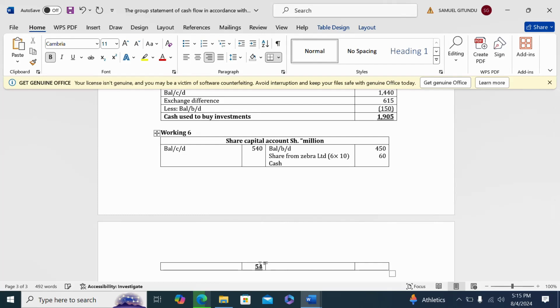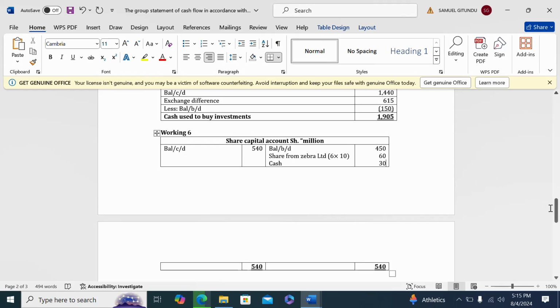So we expect here to be 540 because 540 is the larger figure here. So the balancing figure on this side represents the cash received on the issue of shares, which is 540 minus 450 minus 60. I'm getting 30. So that is the share capital account.